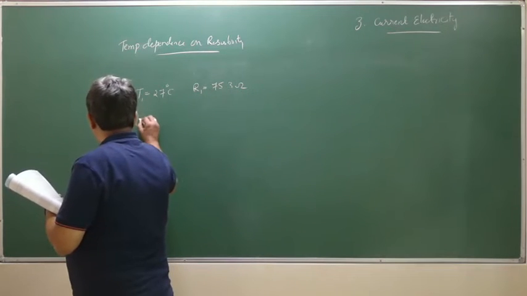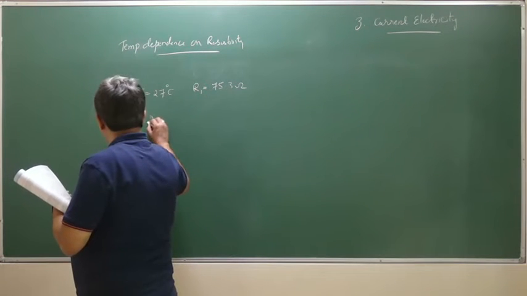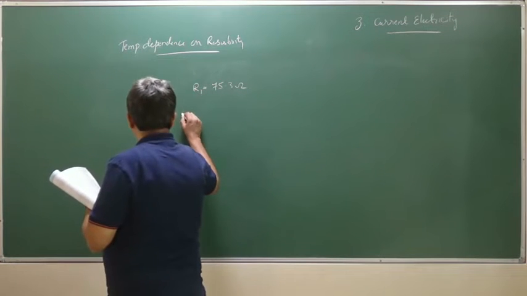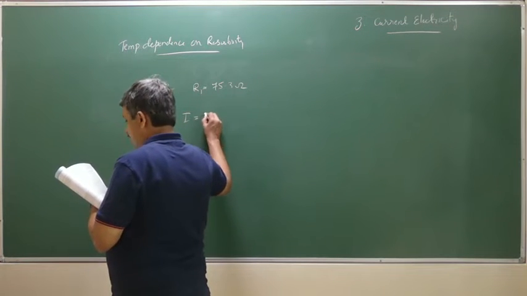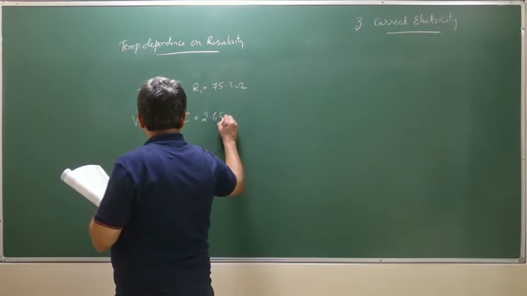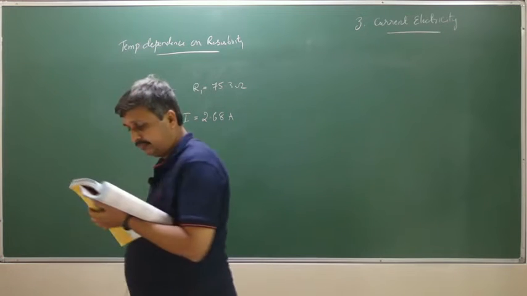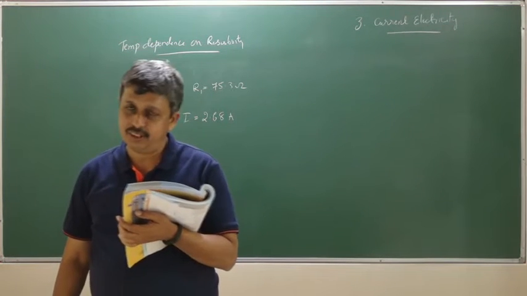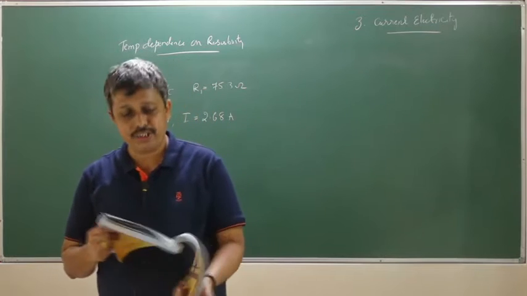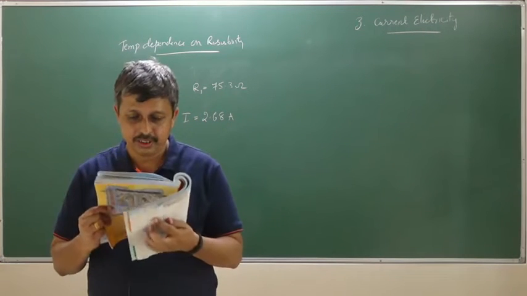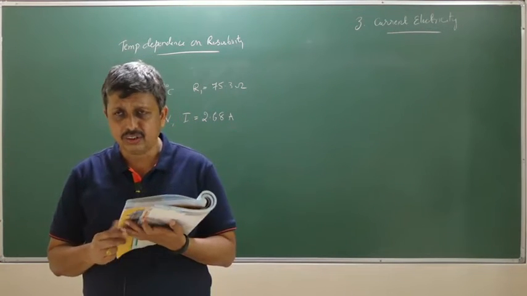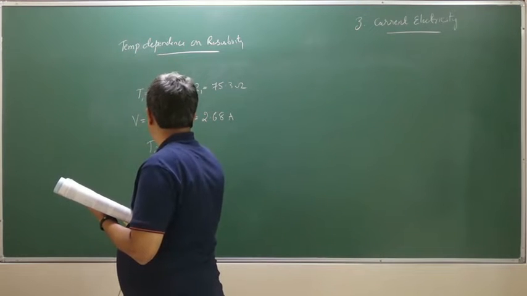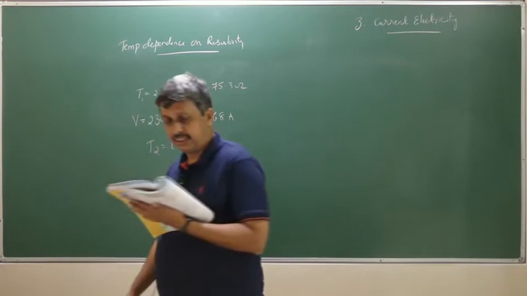That means when you connect it to a voltage of 230 volts, the current that it draws in a steady state settles down to 2.68 amps. What is the steady temperature of the nichrome element? That is the question. I will call it T2 of the nichrome element when you connect it.